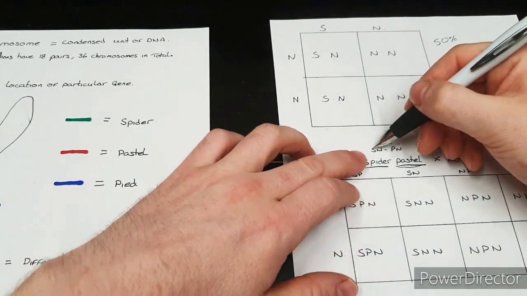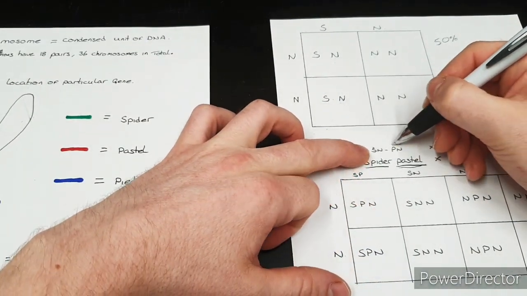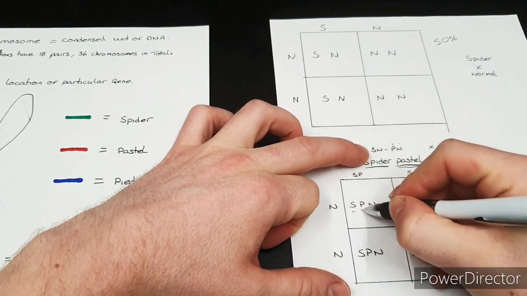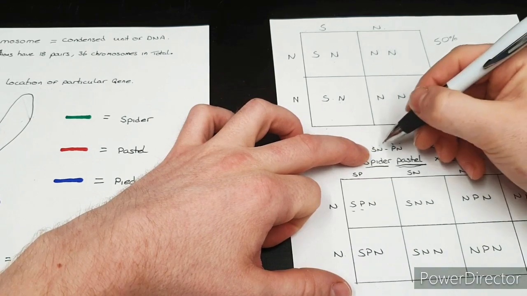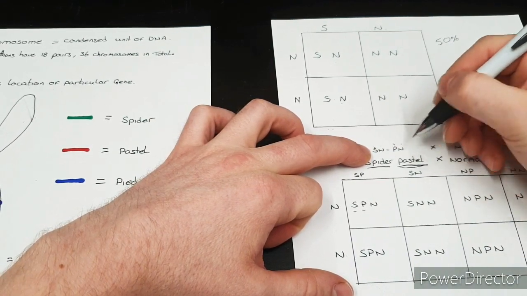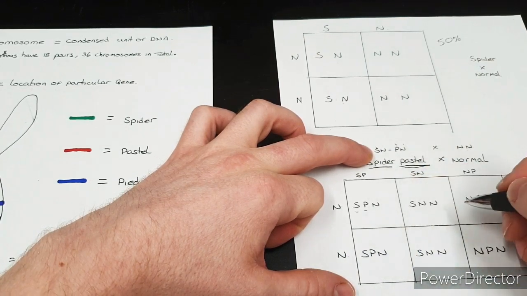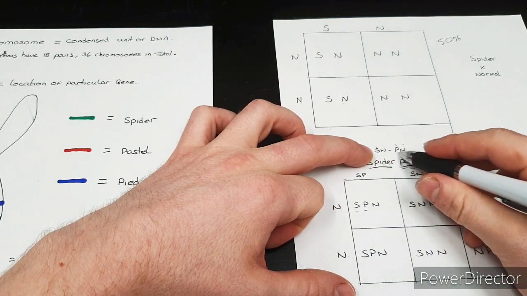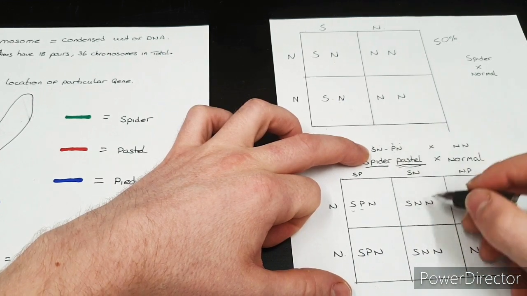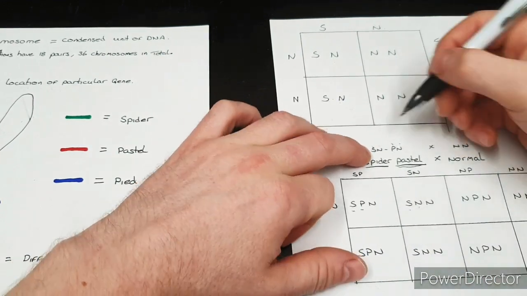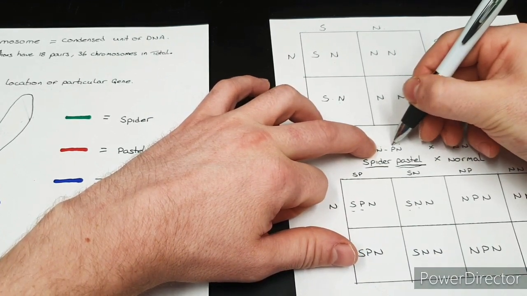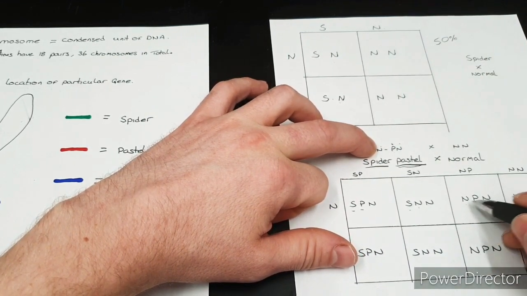Take the first letter from the spider, first letter from the pastel, put it here. First letter from the spider, second letter from the pastel. So it's pastel normal. Spider normal. And then you take second letter from the spider, first letter from the pastel, normal, pastel.